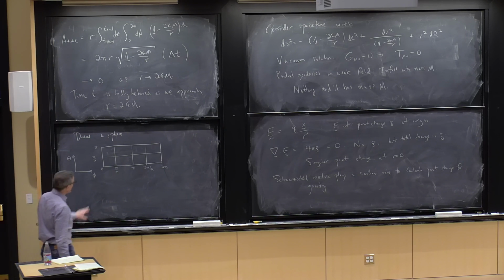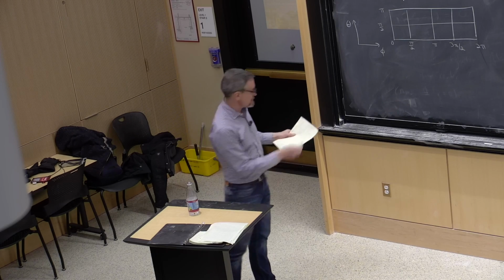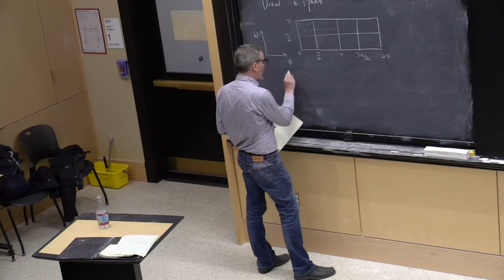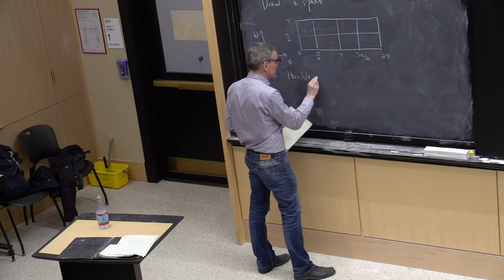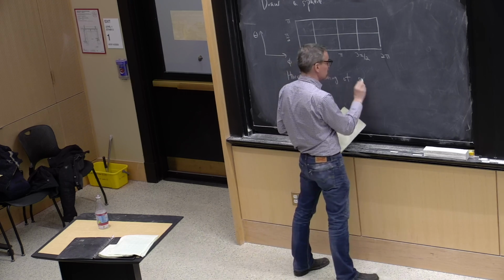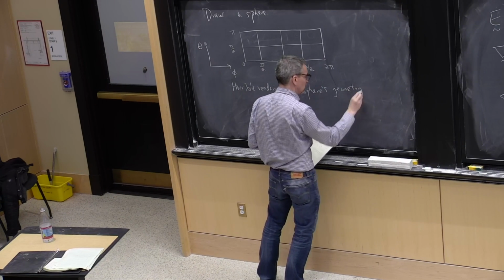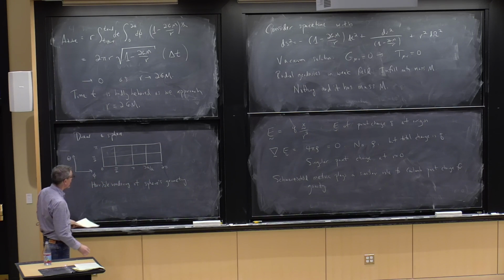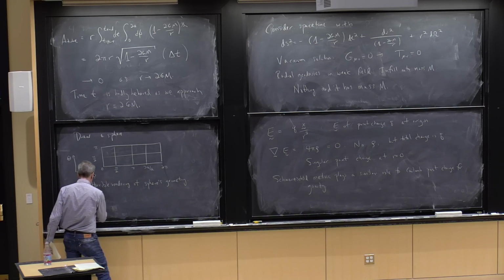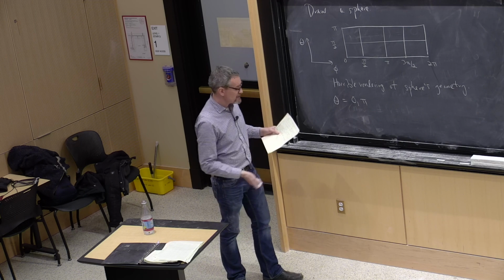So this chart that I've just drawn here, it's true, this does represent the coordinate system, but it's a horrible rendering of a sphere's geometry. What I didn't realize when I wrote this down is that, in fact, at theta equals 0 and theta equals pi, every phi value should be collapsed to a single point.